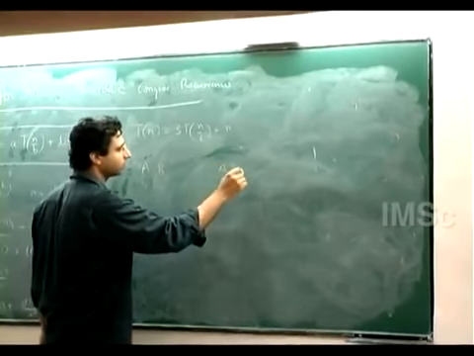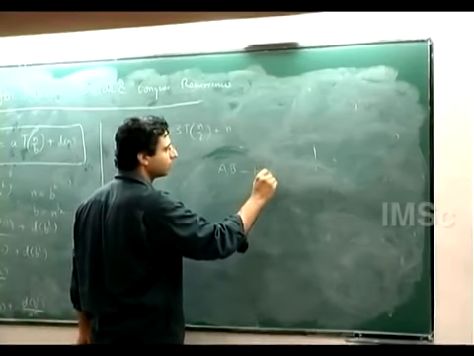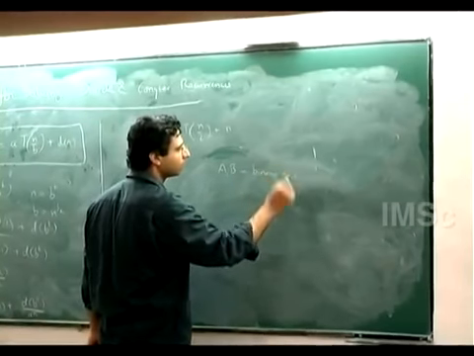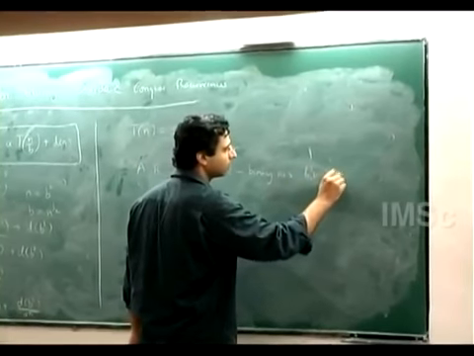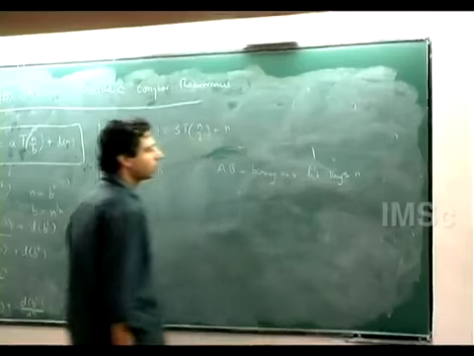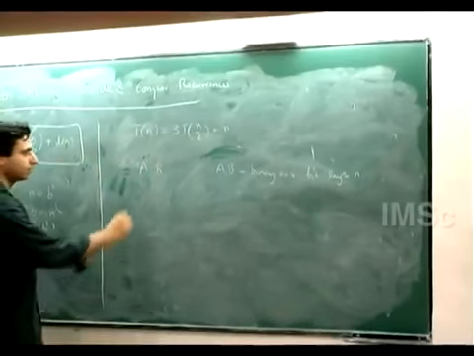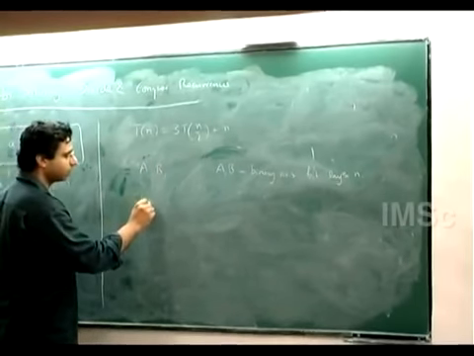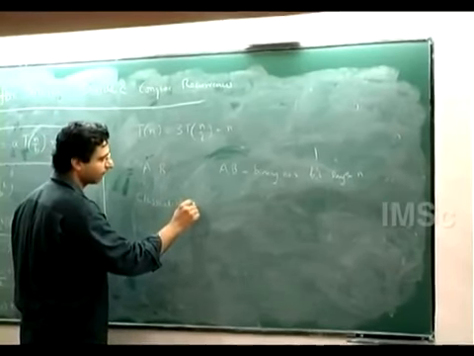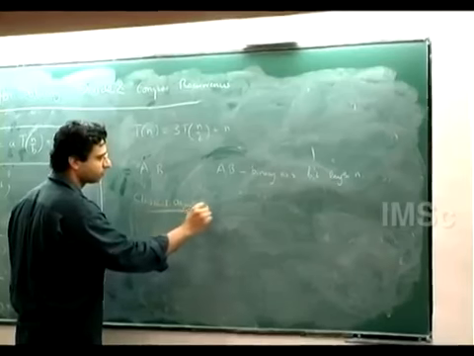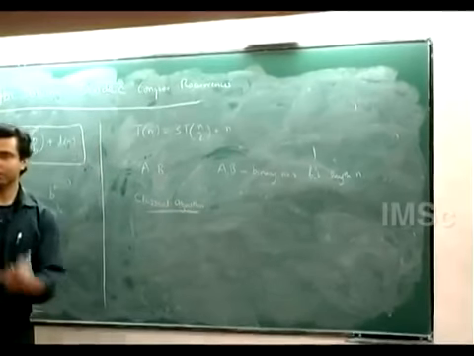A and B are binary numbers of bit length n. Then we know an algorithm for multiplying these two numbers. What is the complexity for multiplying two n-bit numbers?